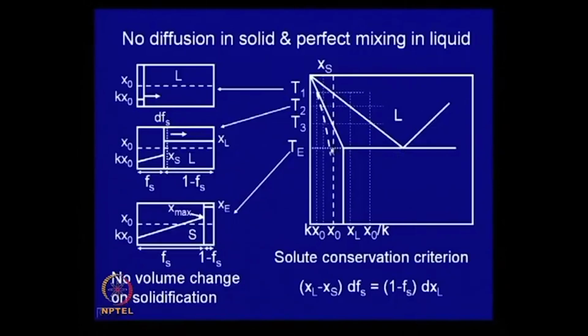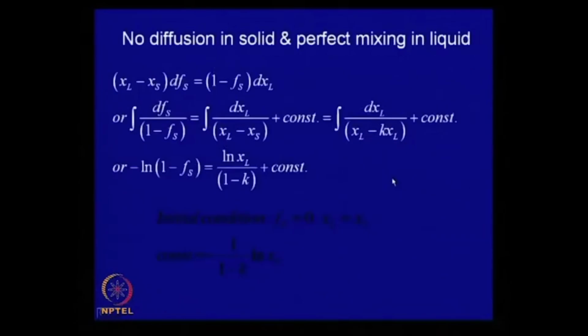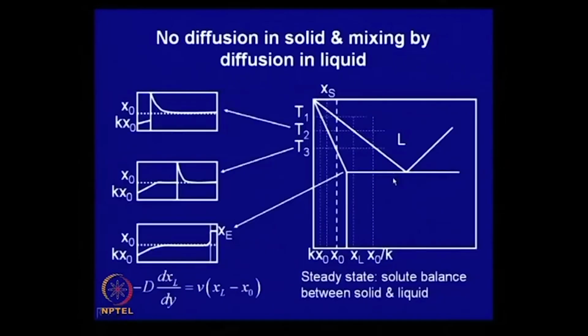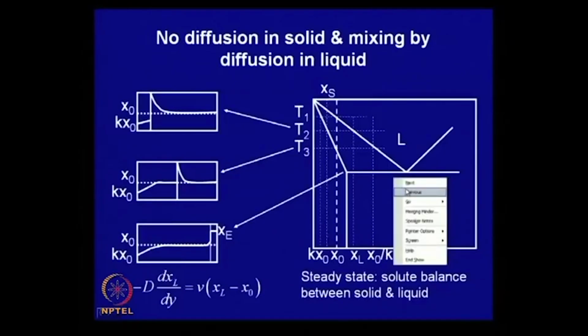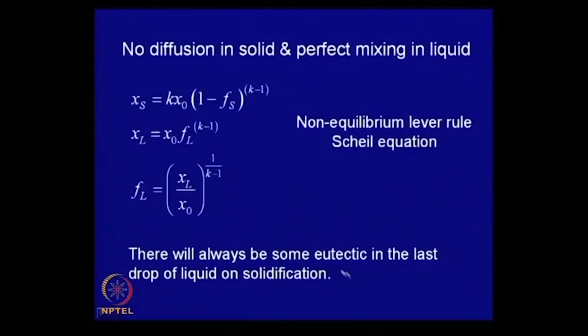So, even before the solidification is complete, until this temperature, the composition of the liquid reaches this, and once it reaches this point, you have a eutectic. So, the last solid that will solidify in this case will always be eutectic. You will always have some eutectic in the last drop of liquid to solidify, even if the amount of solute in the alloy is very low.